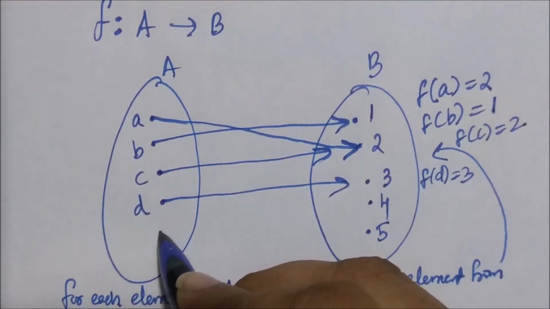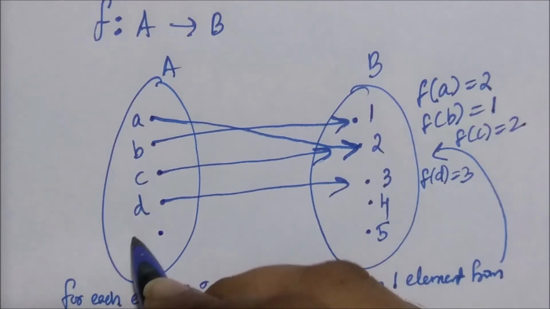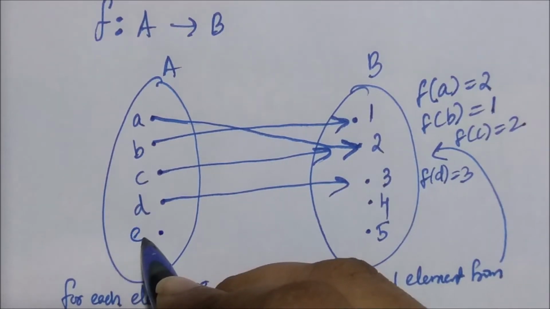Now let's say we add one more element to the set A, which is the element e.